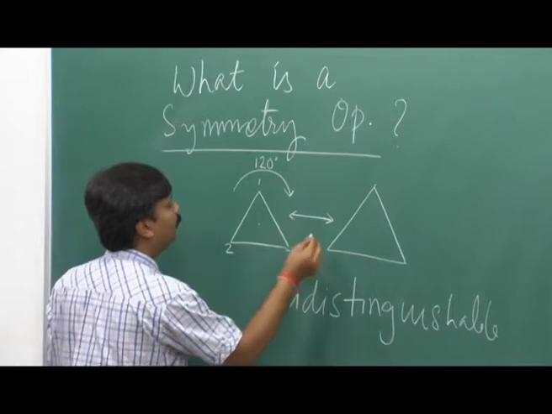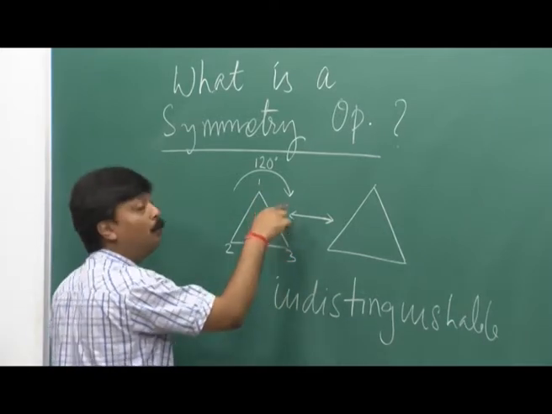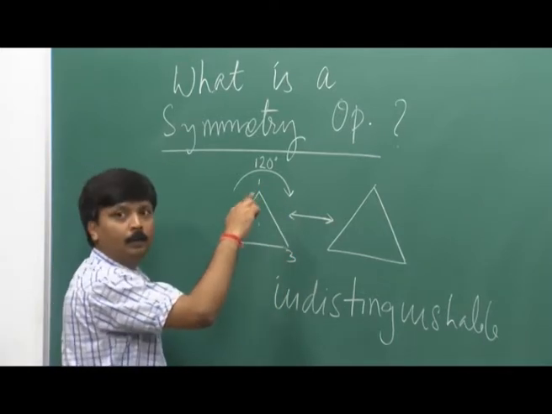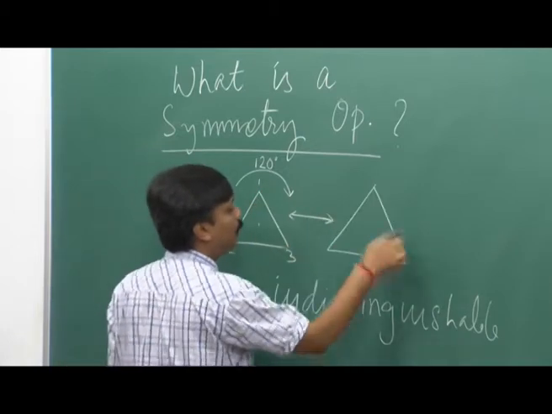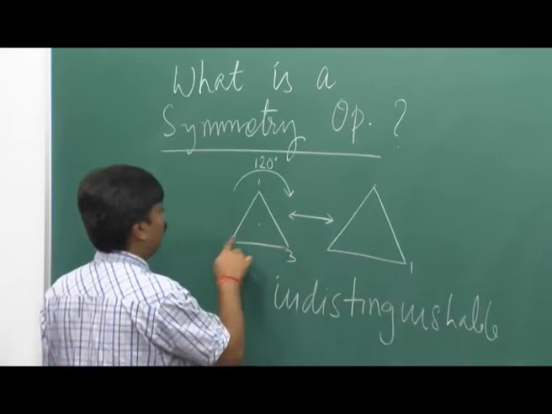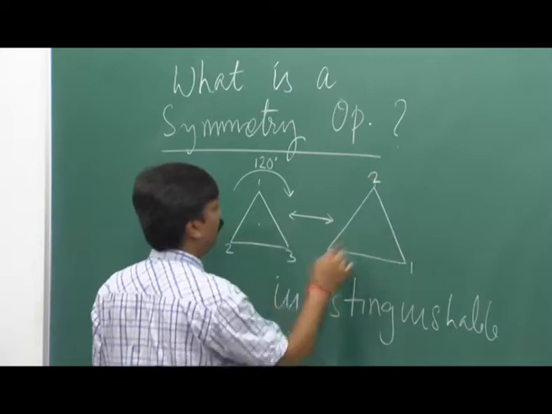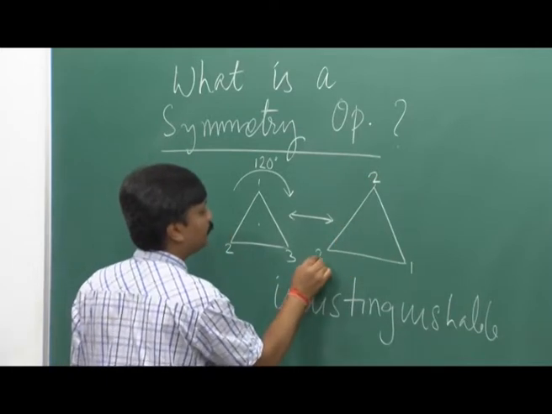If I could mark, then I could write like this: 1, 2, 3. So, upon a 120 degree rotation, this will come here. So, 1 comes here and 2 goes here, and obviously 3 comes here.